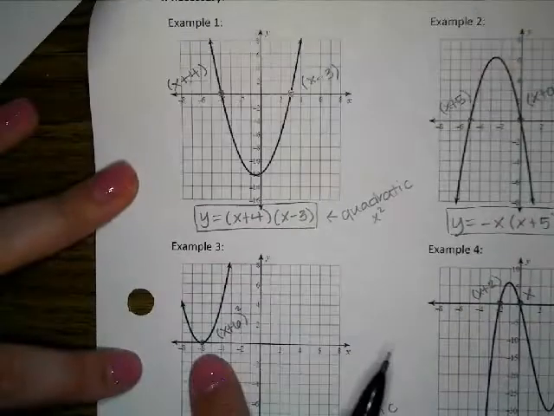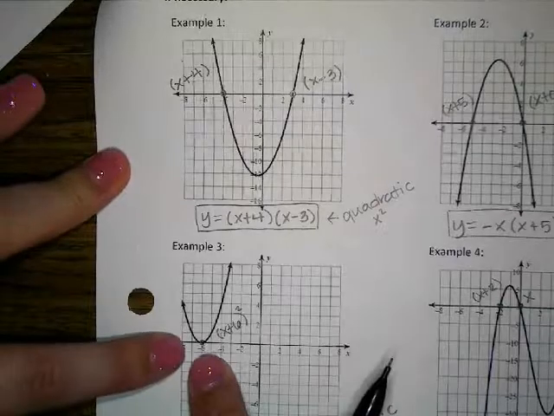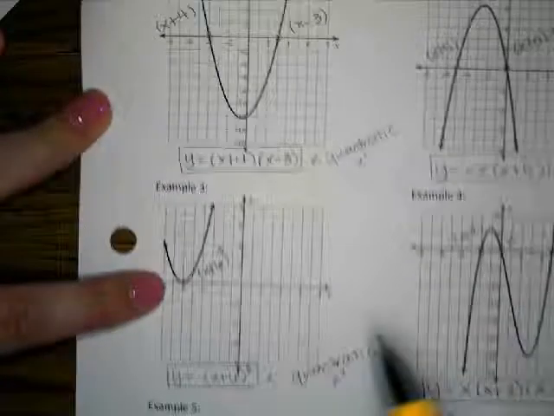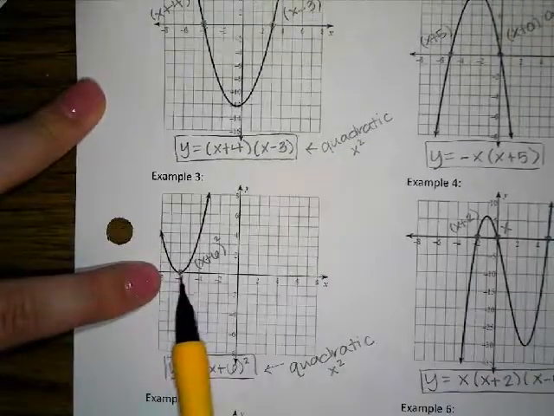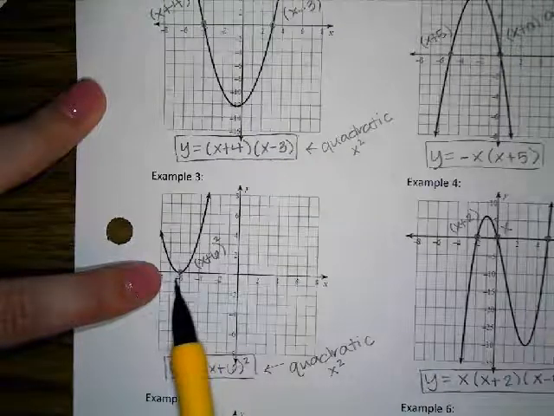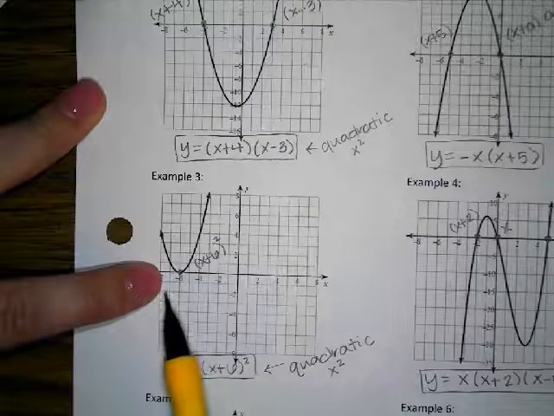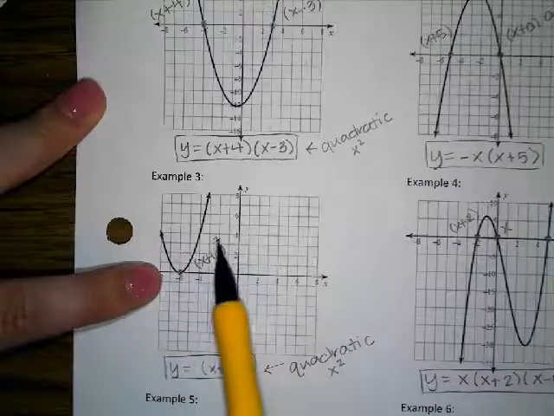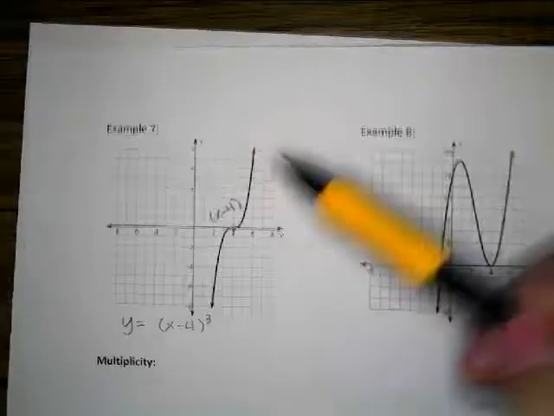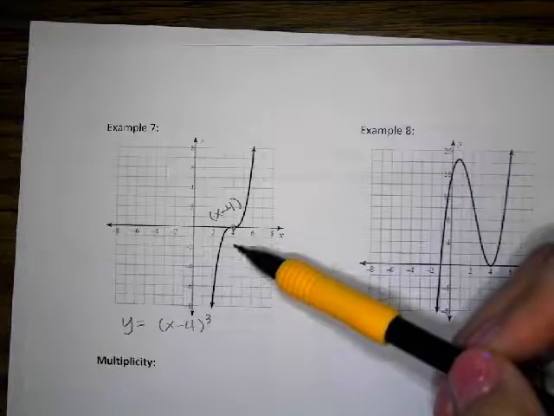It only had one x-intercept, but we knew that it was a quadratic graph, so that one x-intercept had to happen twice. This one, we knew it was a cubic graph. So we said, okay, it only has one x-intercept, but that one x-intercept must have happened 3 times. So x minus 4 to the third power.